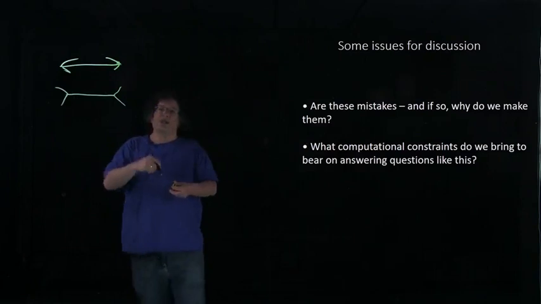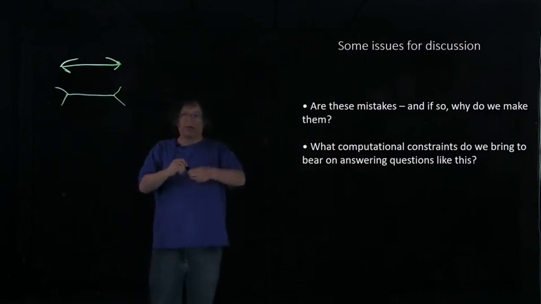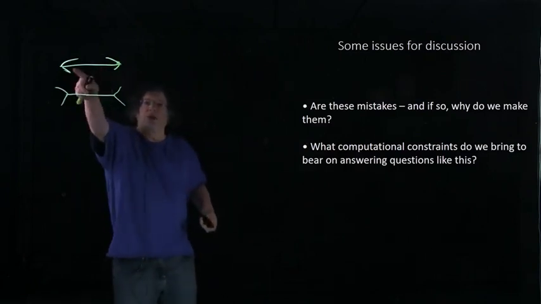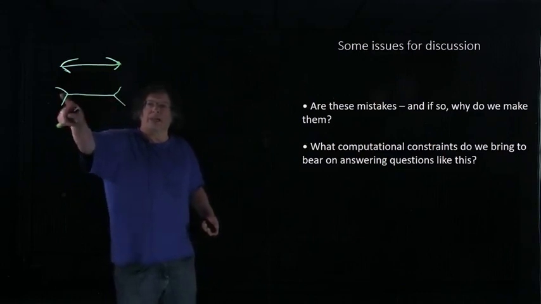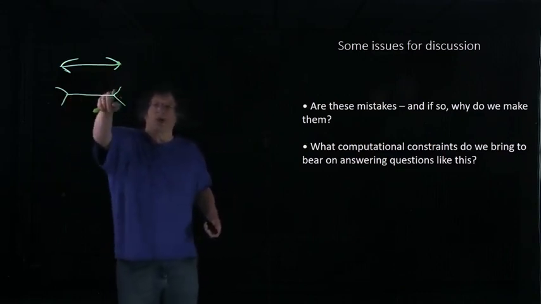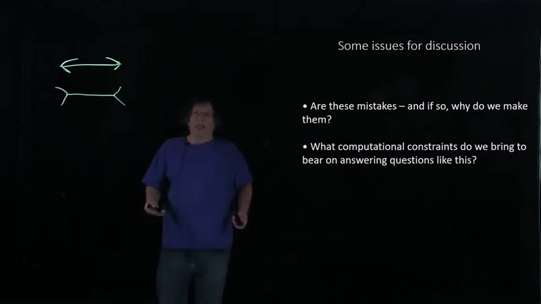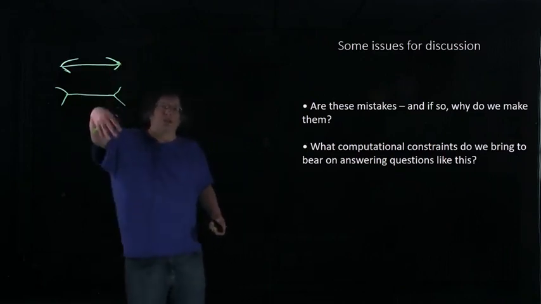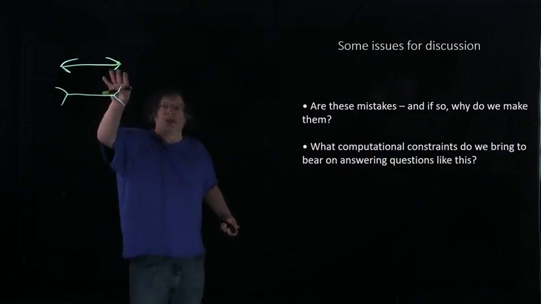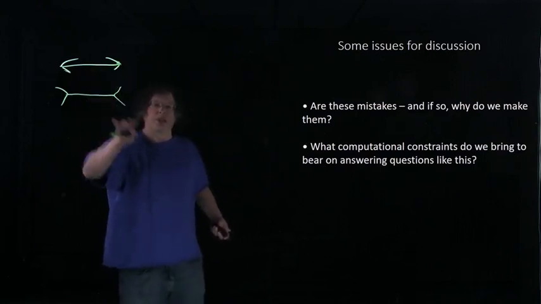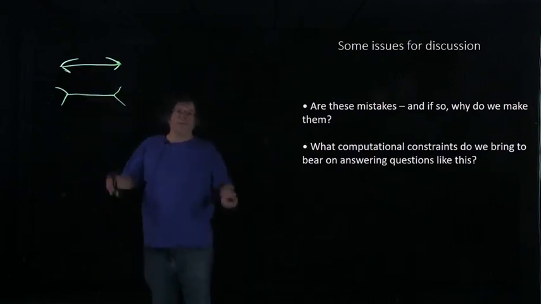You're given these two lines, one of which has arrowheads pointing inward on the ends, and the other has, if you want to call them that, arrowheads pointing outward. And the lines are the same length, but often when we look at these two lines, we view this one as being smaller and this one as being longer. Okay?